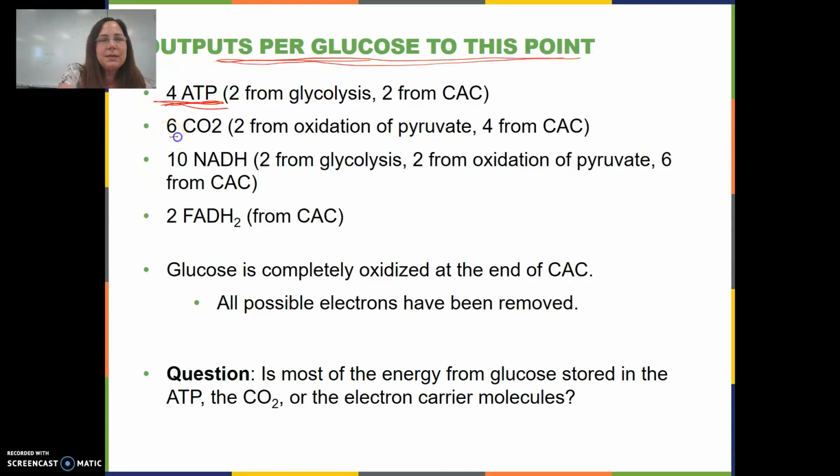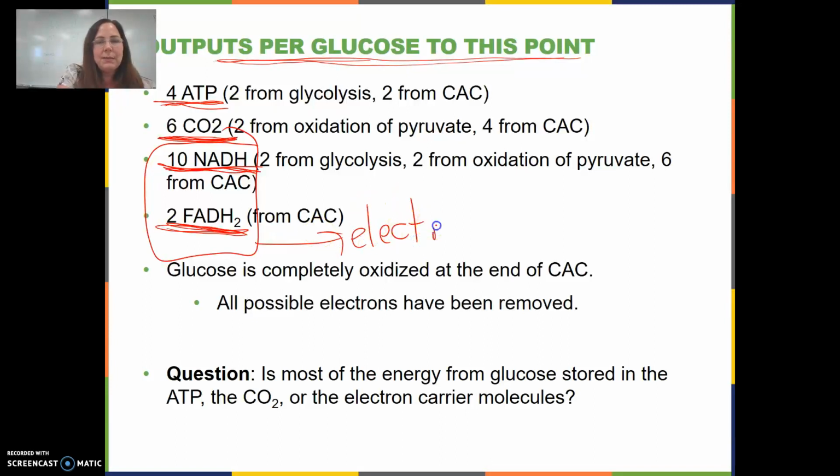We've produced 6 carbon dioxide molecules, which is the total number of carbon dioxide produced in cellular respiration. We have produced a total of 10 NADH molecules, which are going to be important in the last step, and 2 FADH2 molecules, which, just like the NADH, are electron carriers because they carry electrons in their hydrogen atoms.